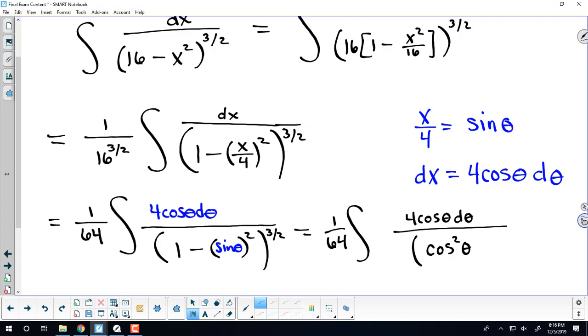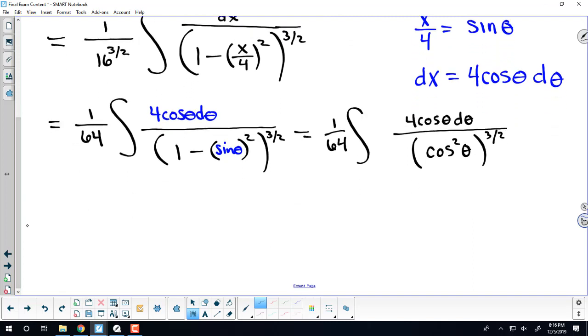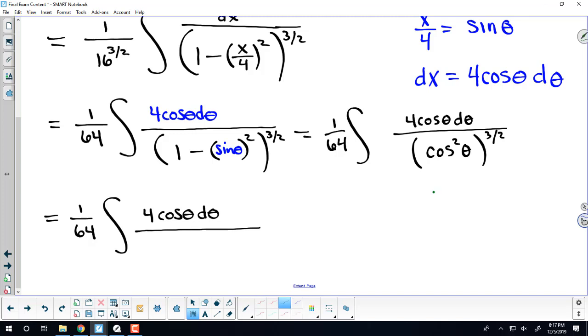That quantity now is just cosine squared to the 3/2. We could have divided these 4s into 64s, but remember the cosine squared to the 3/2 is really the square root of cosine squared, all to the third.